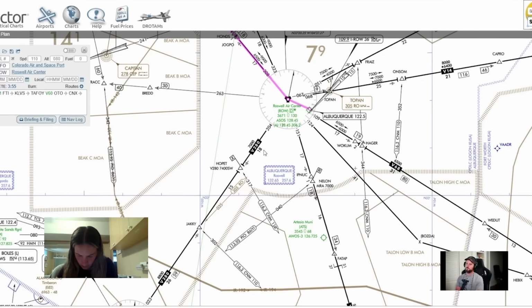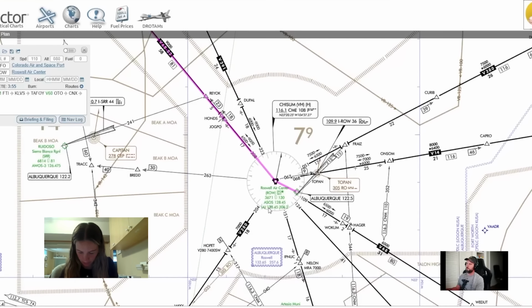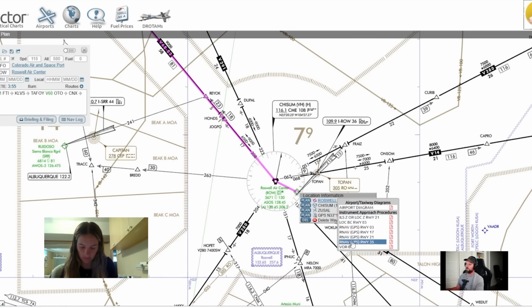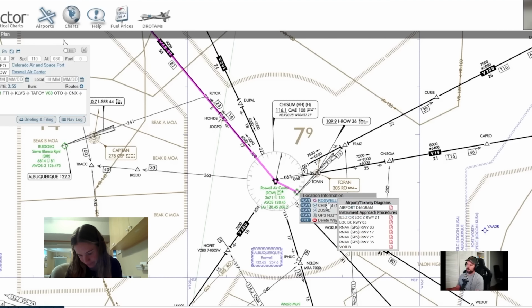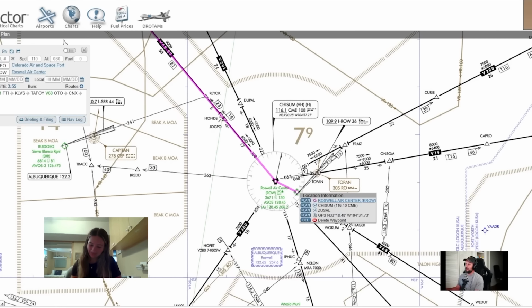The VOR Bravo into the airport has that fix as the initial approach fix. Okay. Let's take a look and make sure we don't have anything else that might be a better option. So, are we going to do the VOR Bravo? Probably not.